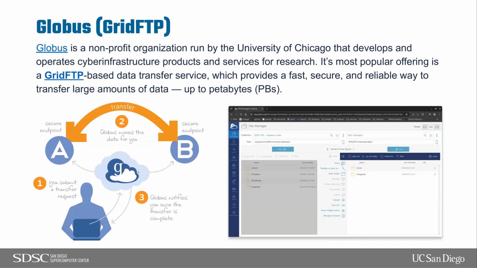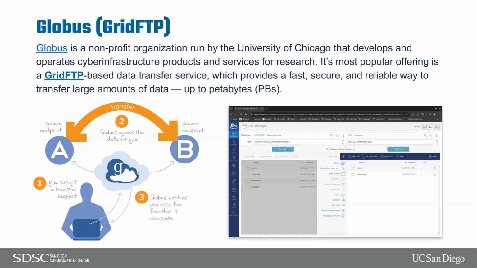And the last one, which I'll stop here, since I'm 1 minute over, is Globus. So Globus is probably the most common parallel data transfer tool that you'll find for transferring large data sets between HPC centers and, say, university clusters.